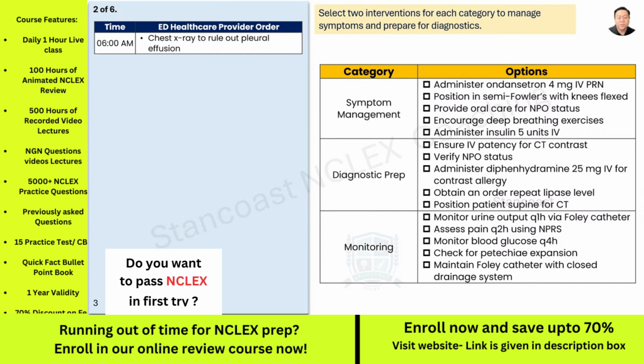Now let's go into the correct options first for each category. Now, what do you think about the options here? What do you think are the correct answers? If you selected the positioning in semi-Fowler's with knees flexed, this is one of the correct answers, because this is going to reduce the abdominal pressure and it will improve breathing, especially since the respiratory rate is already increased.